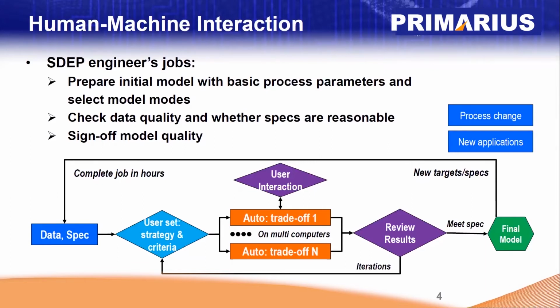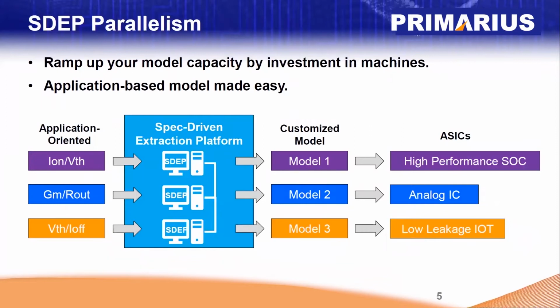When there is a new process change or different application focus, SDEP engineers adjust the input and run the flow again. By deploying multiple machines running SDEP simultaneously, you can ramp up model throughput of your team without the impact of engineer turnover.